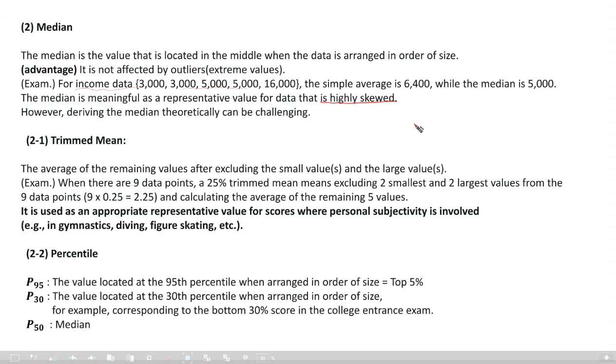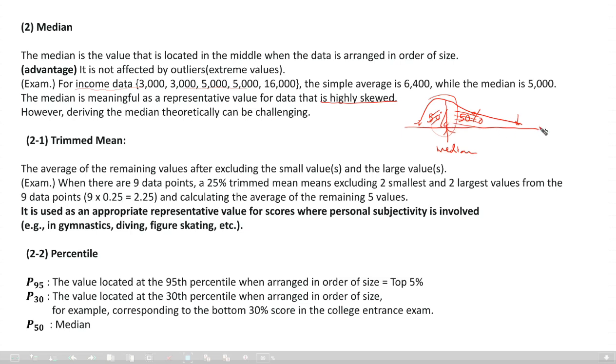Highly skewed data is something like this. Typically, it is income data: high income, low income, some middle income. So with the median here, 50% of incomes are lower than the median, and the other 50% of incomes are greater than the median. 50%, 50%, right?